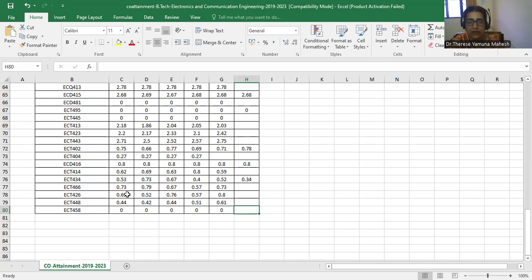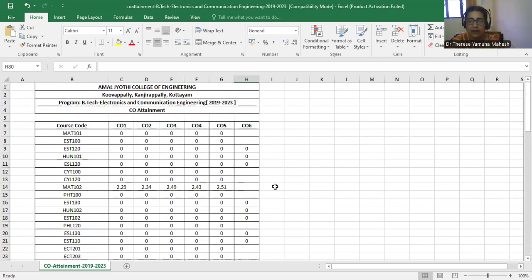Each of these values will be mapped to the POs according to the level of attainment. Okay. I'll show you the correlation between CO and PO, and also between CO and PSO. That is, these values will be mapped to the corresponding POs wherever they are applicable.